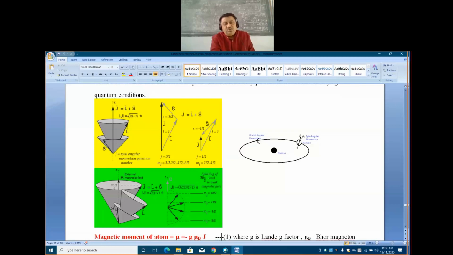This is what we are going to use in the derivation. So Mj is the projection of J, the total angular momentum, along the field axis, and J is L plus S.